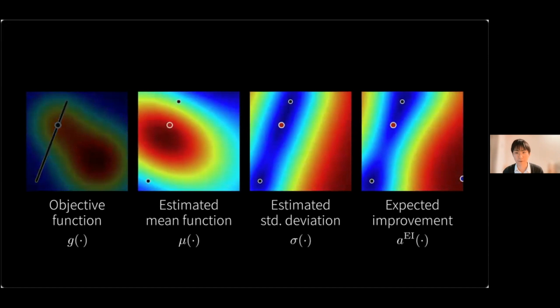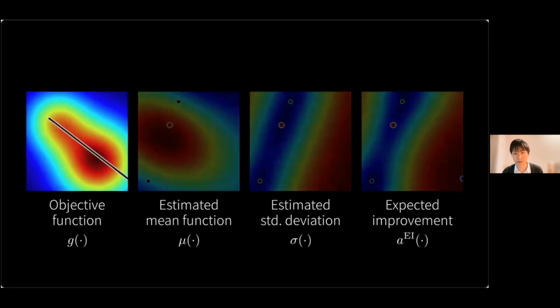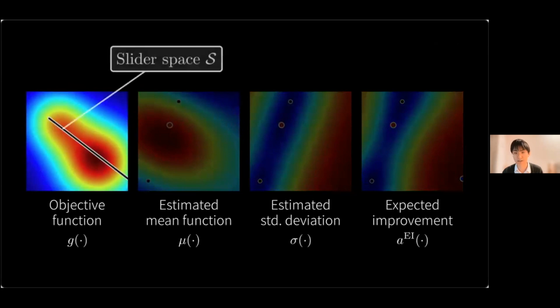By using this information, the system updates the internal models, and especially obtains X plus, which is the current best point, and XEI, which maximizes the expected improvement or the acquisition function. By connecting these 2 points, the system determines the next slider space. Using this space, the system queries line search and obtains X chosen.